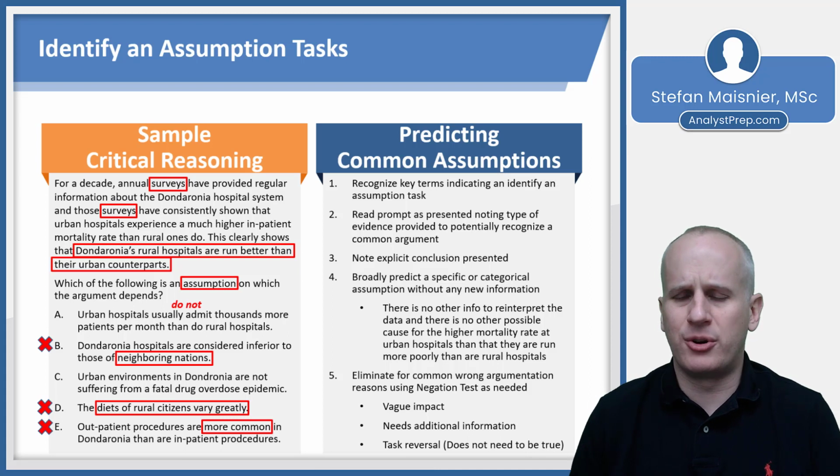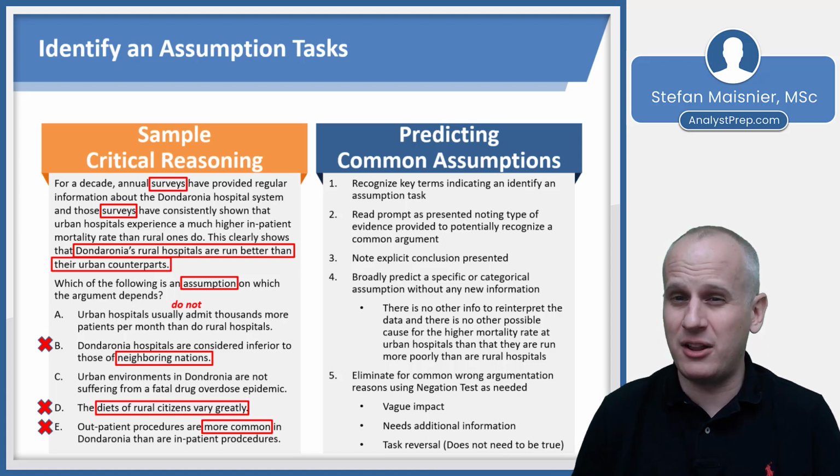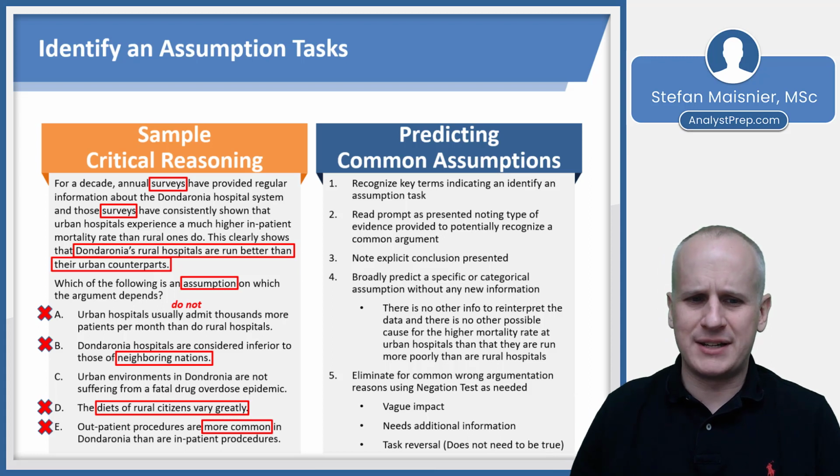I can still believe that the rural hospitals are run better. I mean, if they don't admit more patients, if anything, it makes them seem more similar in function and form. So at best, this is going to be a negated strength, and it makes the argument seem better. And we wanted the argument to fail upon negation, so we'd eliminate choice A.